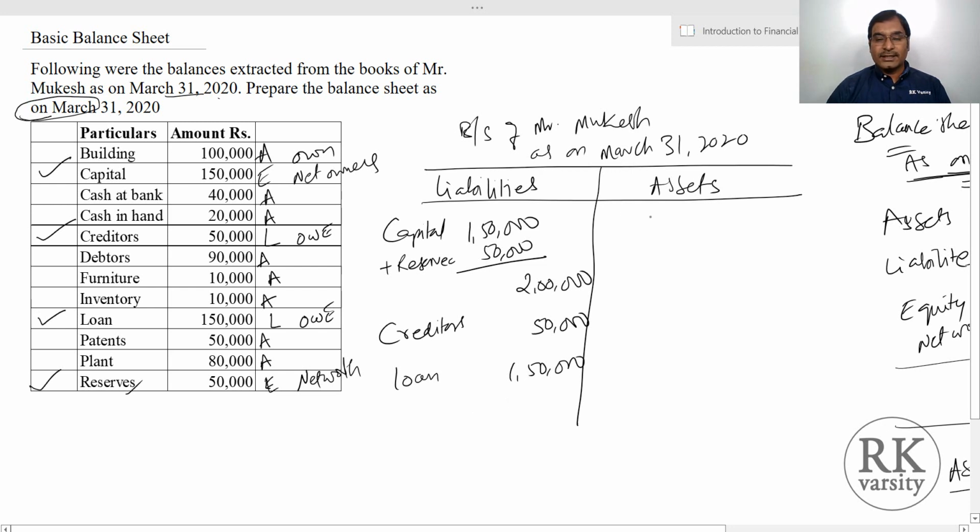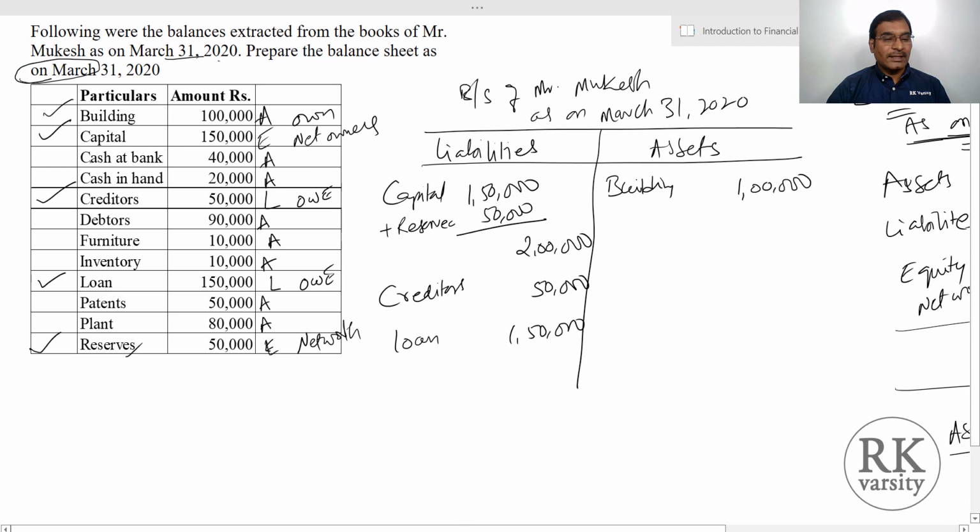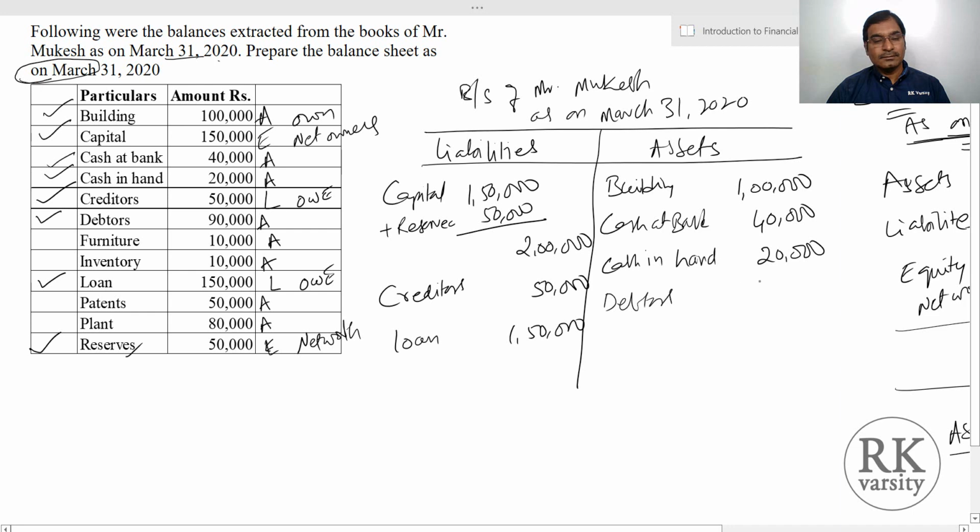On the other side, we'll note the assets. First we have building. This is worth rupees 1 lakh. Then cash at bank 40,000. Then cash in hand 20,000. Then debtors 90,000.